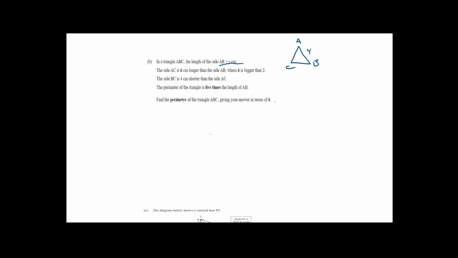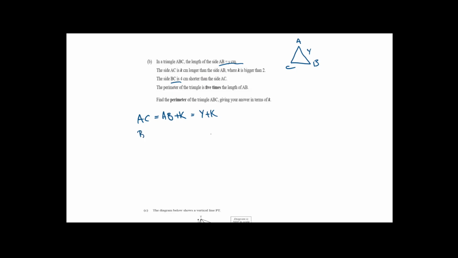So AC is k centimeters longer than AB, so AB plus k, but we know that AB is y. So it's going to be y plus k. Okay. BC is 4 centimeters shorter than AC.